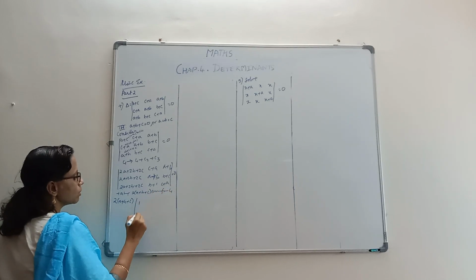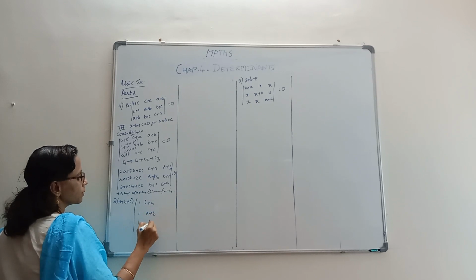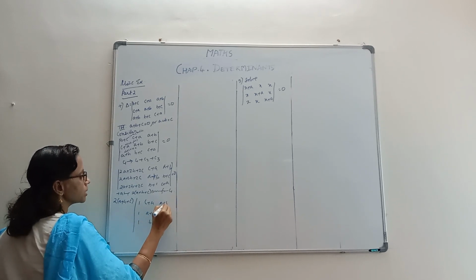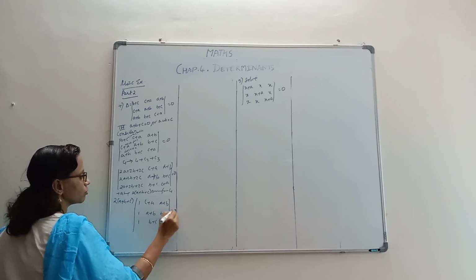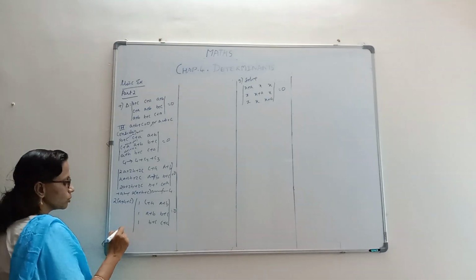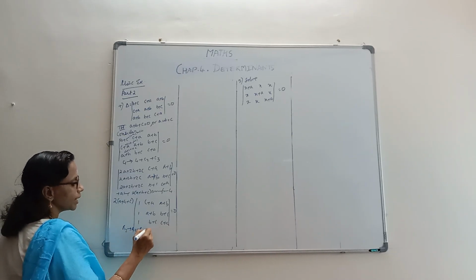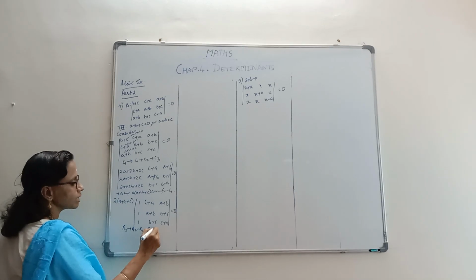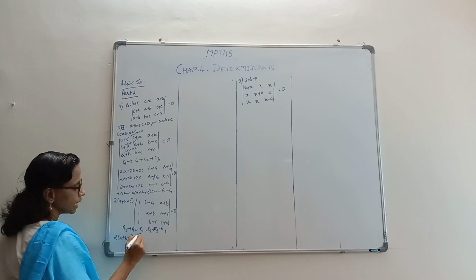What do we get? 1, 1, 1 in the first column, with the other columns as they were. We can use our properties. Maybe we can do R2 becoming R2 minus R1 and R3 becoming R3 minus R1 just to reduce the matrix. So we have 2 times a plus b plus c, and here we'll have 1.